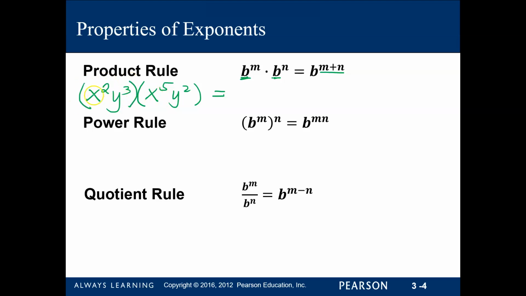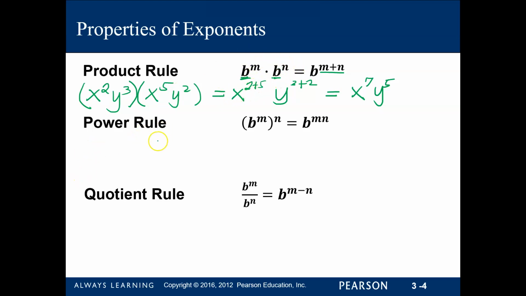So multiplying x squared and x to the fifth gives x to the 2 plus 5. Y, on the other hand, has an exponent of 3 multiplied with a y exponent of 2, so that's y to the 3 plus 2. If you simplify, the product will be x to the 7th, y to the 5th. Again, if you have the same base, simply add their exponents.